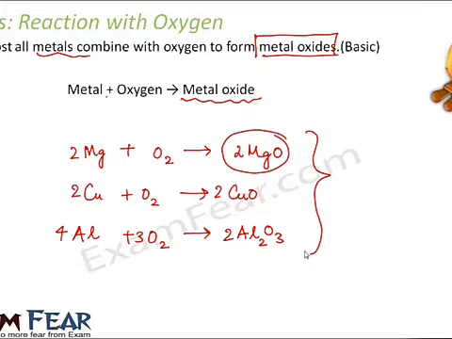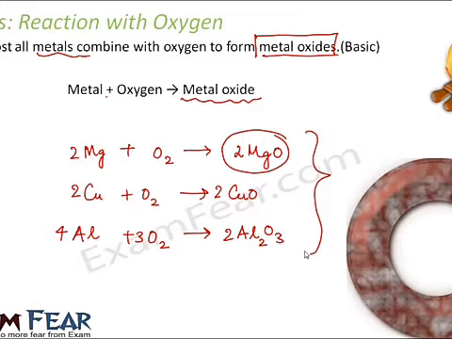In fact, the formation of these metal oxides can be evidently seen as well. Let us take the example of rusting. Have you ever seen that when any object made up of iron is kept outside, exposed to air and water for a long time? Let us say you have an iron bucket or iron vessel and you have left it outside.